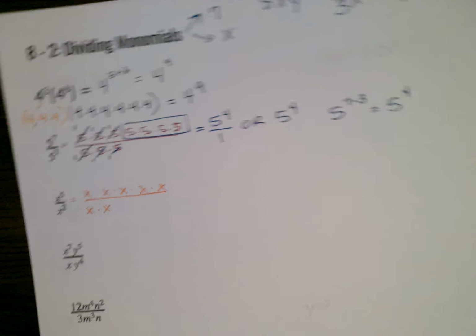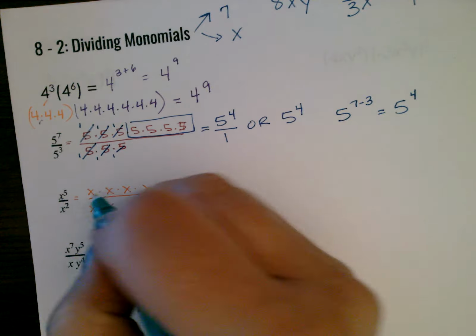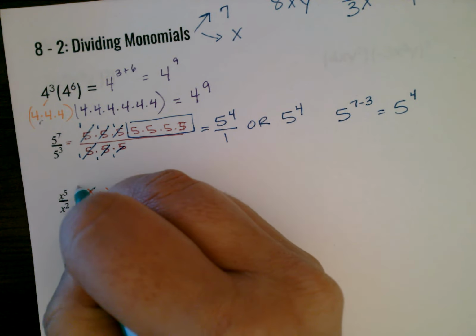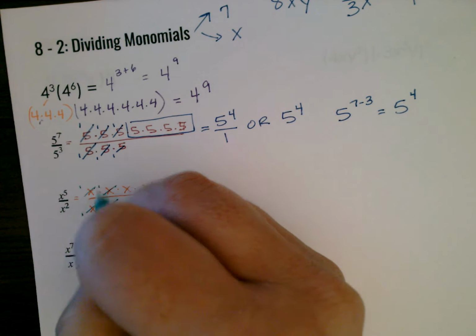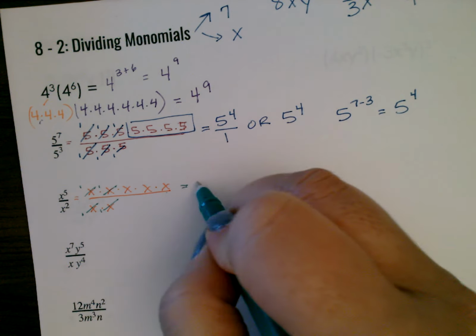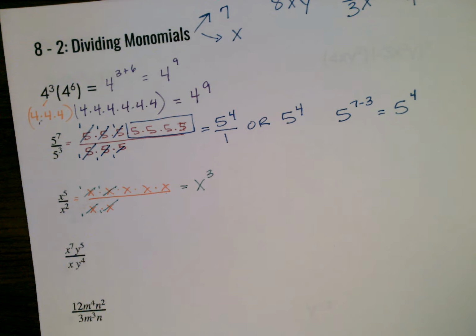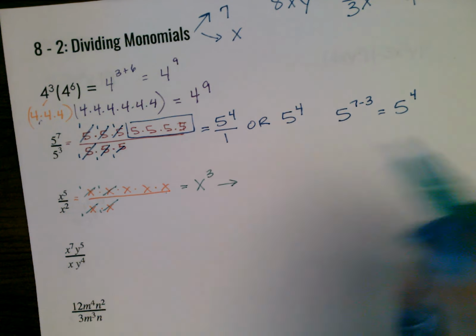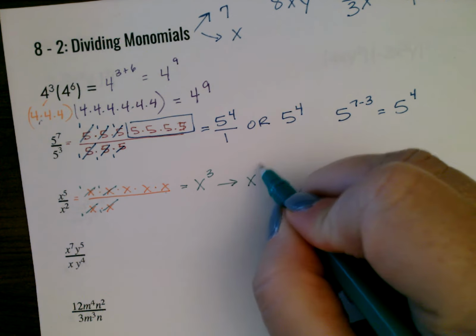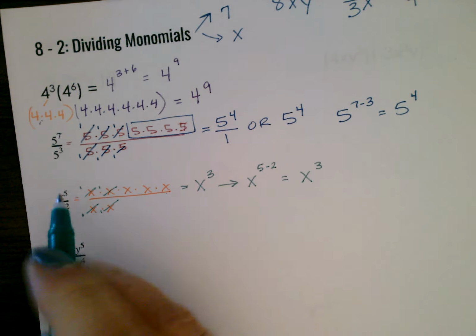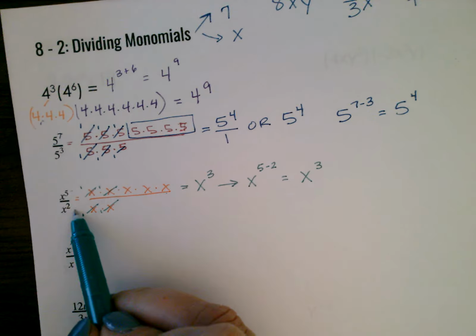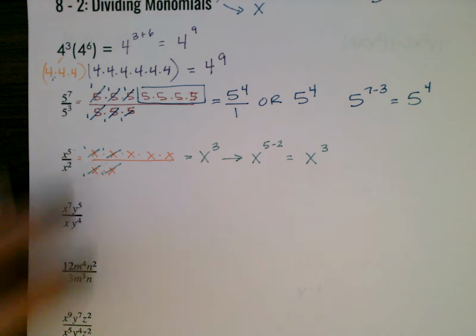X squared is 2 x's being multiplied together. This one reduced by that one is 1. This one reduced by that one is 1. So I have 3 x's being multiplied together to get x cubed, and you could think of that as 5 minus 2, which is x cubed again.